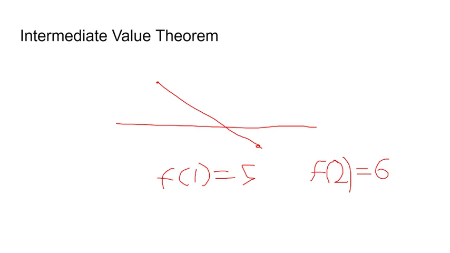Note that it is only when f of x is continuous. This does not apply when it's not continuous. Then at some value between 1 and 2, f of x has to equal 5.5, right? That's pretty much all the intermediate value theorem is.